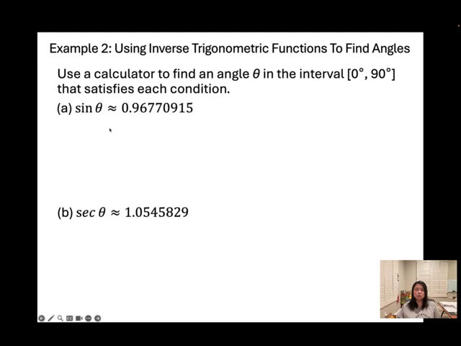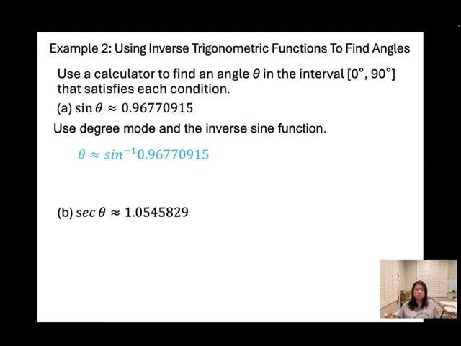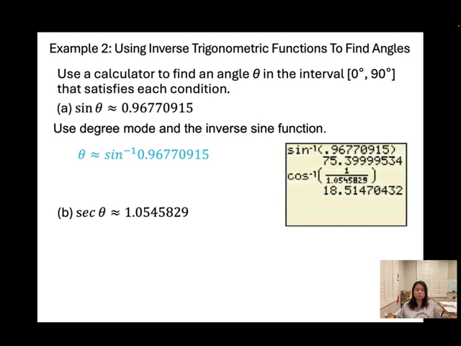So for this one, you should use the inverse of sine, 0.96770915. So you should get 75.3999995.